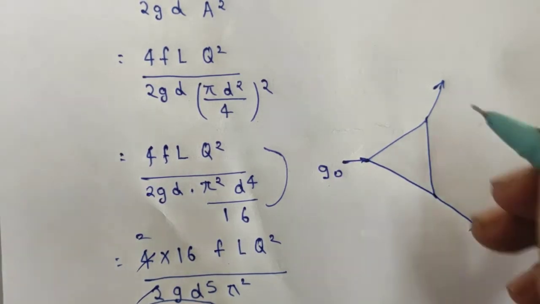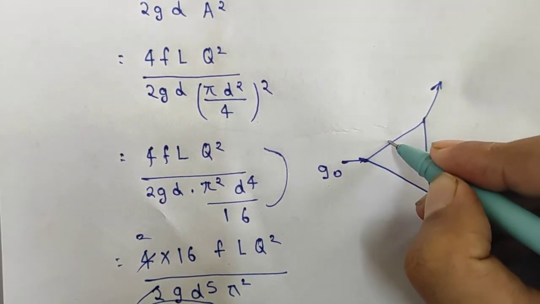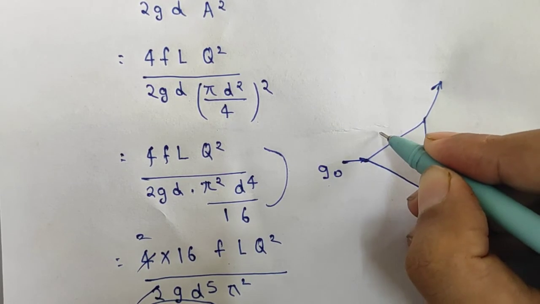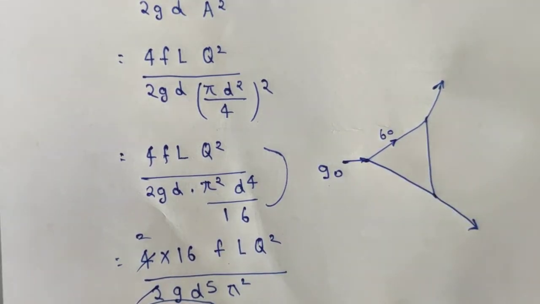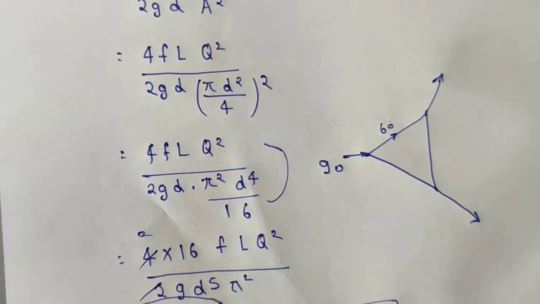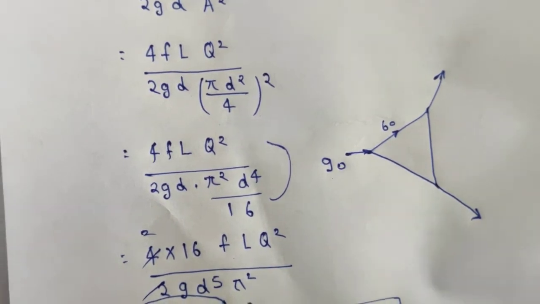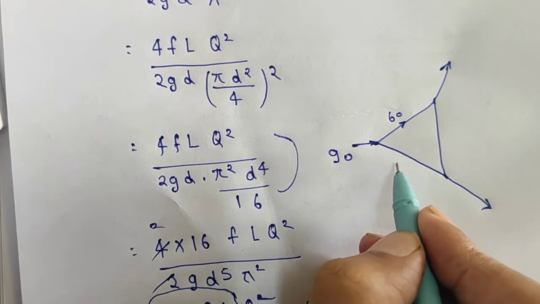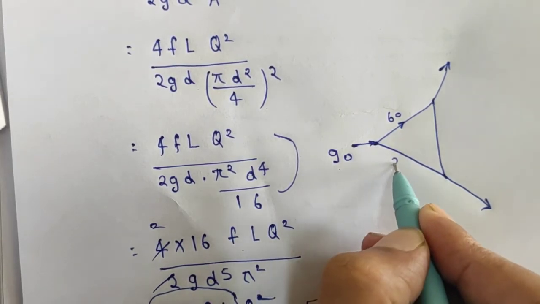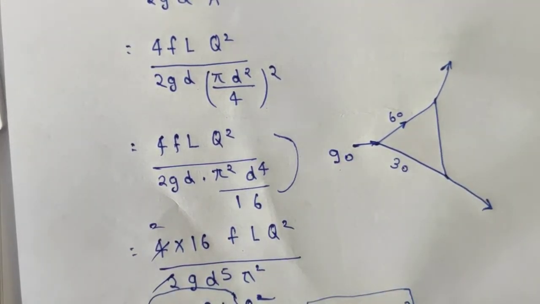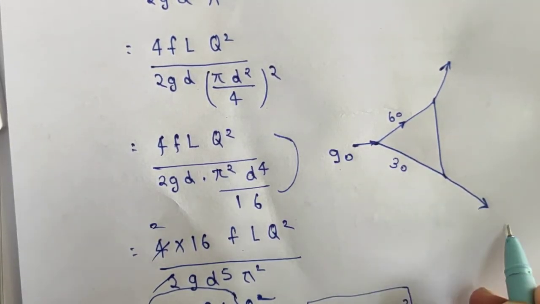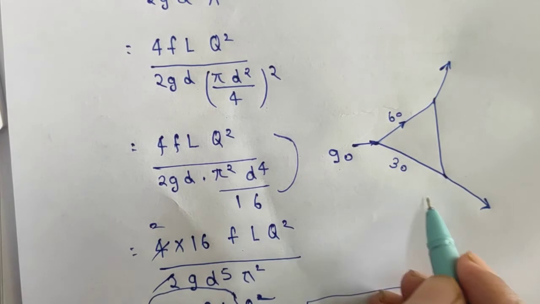So for example, if in this network the water is leaving like this is 60, right? So what will happen is there should be 30 here, right? So from this section here is 60, here is 30.